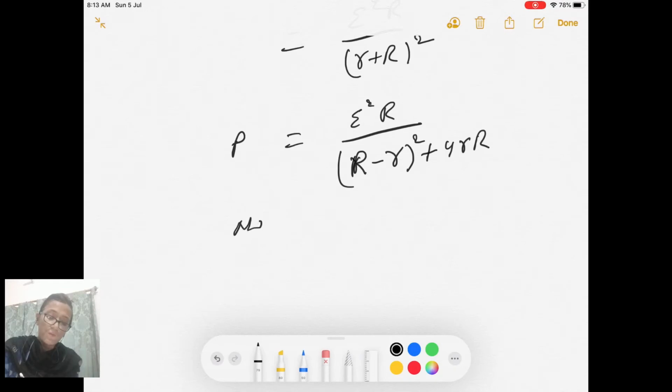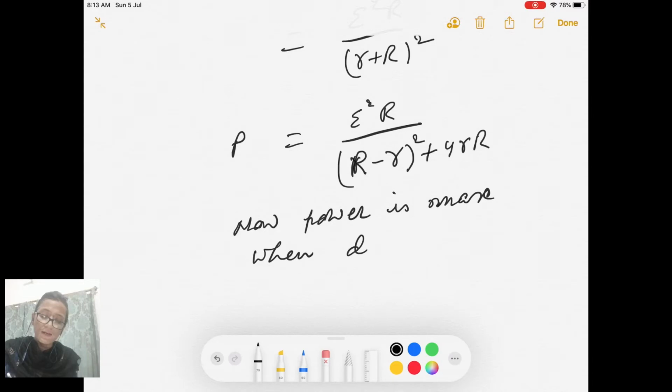Now power is maximum when denominator is minimum.